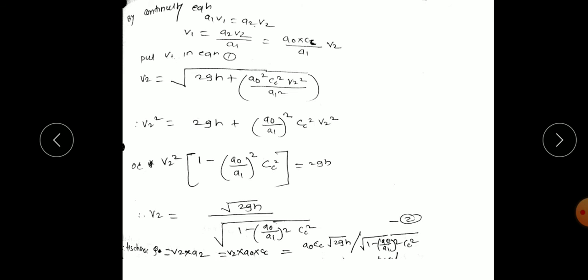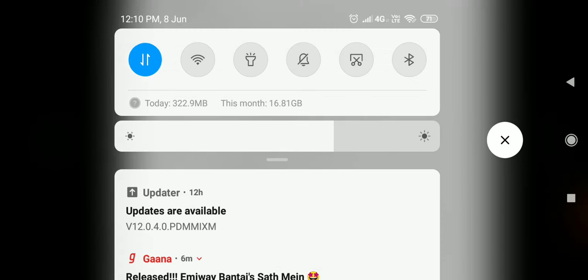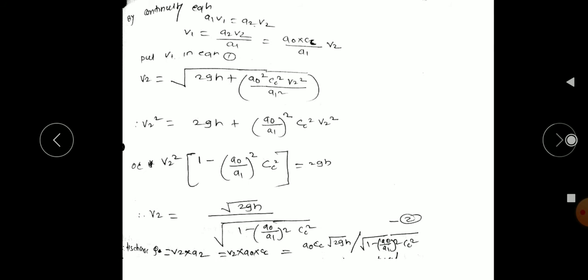So here V1 is equal to A2 V2 by A1, and putting the value of A2 as AO into Cc, we get this expression. So V2 is the square root of 2gH plus this.